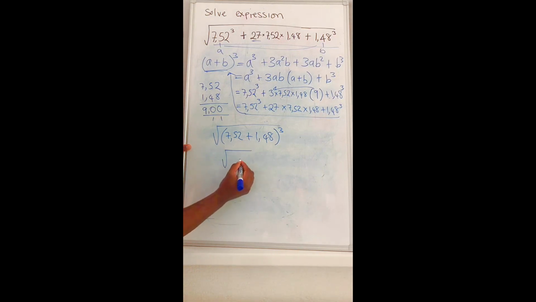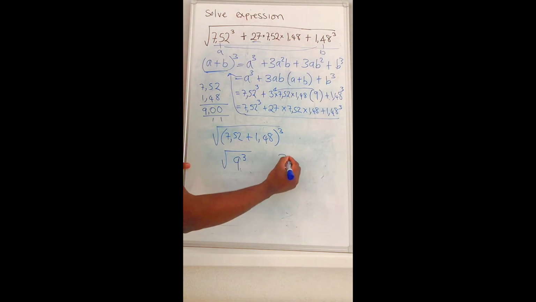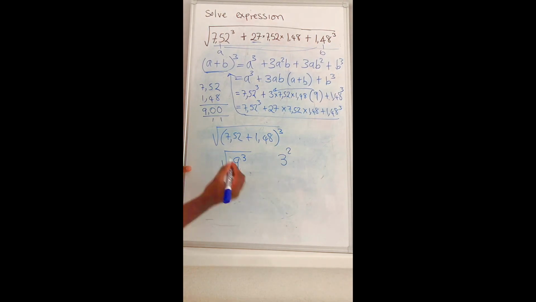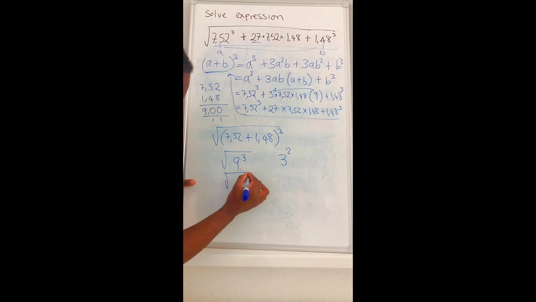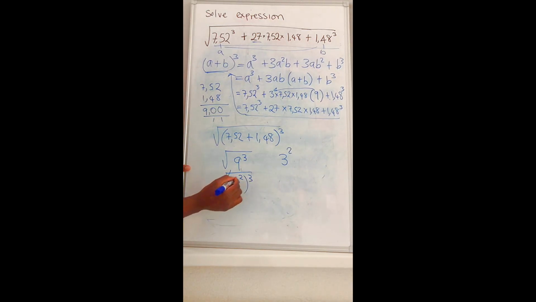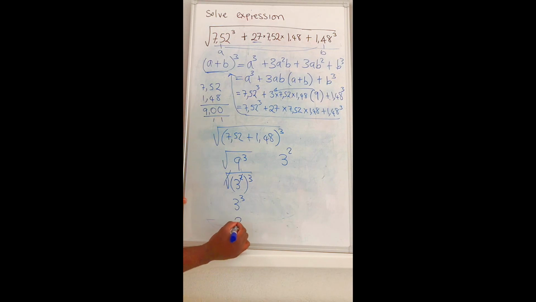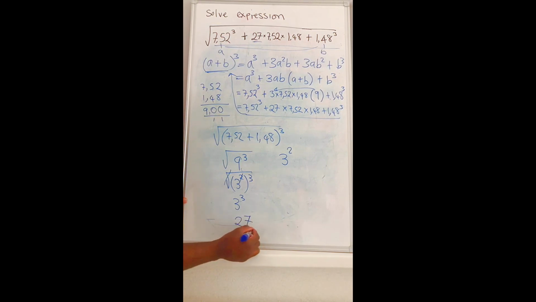So you have square root of 9 cubed. Now we know that 9 is 3 to the power 2. So this equation was the same as square root of 3 to the power 2 cubed. So this and the 2 can cancel out. So it remains with 3 to the power 3, which will end up giving you 27. That was our answer.